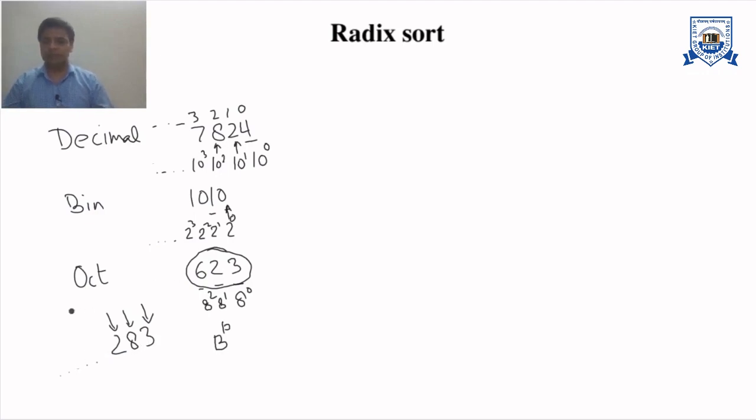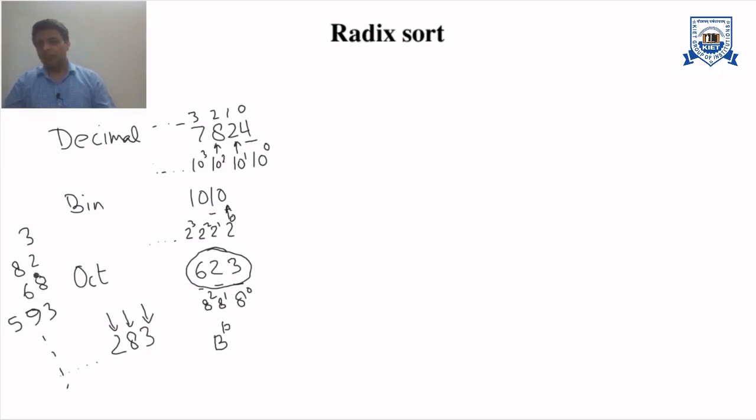Likewise, suppose a number list is given: 382, 60, 593 and so on. In this case there are 1 digit numbers, 2 digit numbers and 3 digit numbers, and they could come in any order.